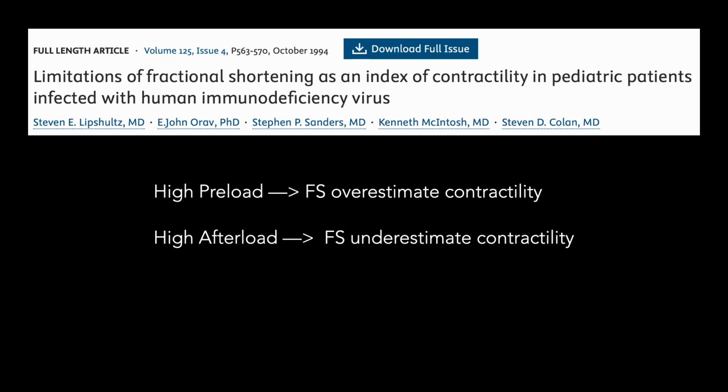To what degree is this clinically significant in most of our patients? Not entirely sure, but there is some data that suggests that if you're at the extremes of your loading conditions for your heart, you may struggle to have this particular measure accurately assess the actual ejection fraction. You may need to either correlate it with other indices or look at other ways of finding your left ventricular ejection fraction.